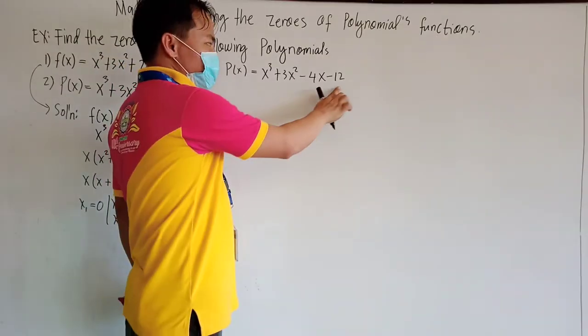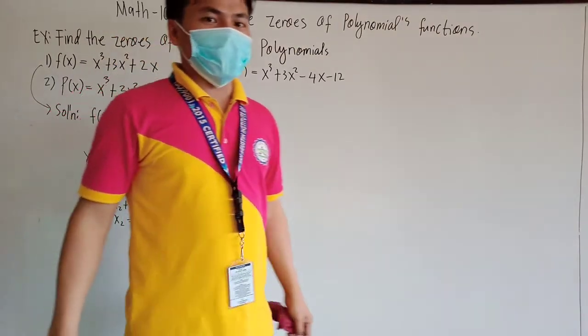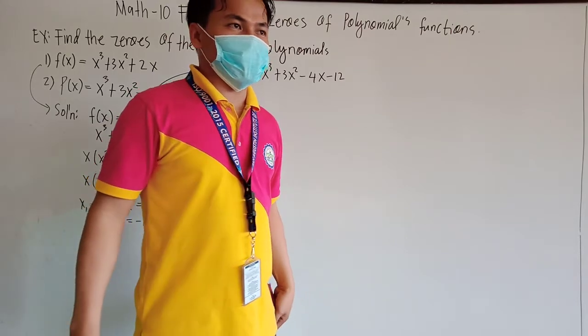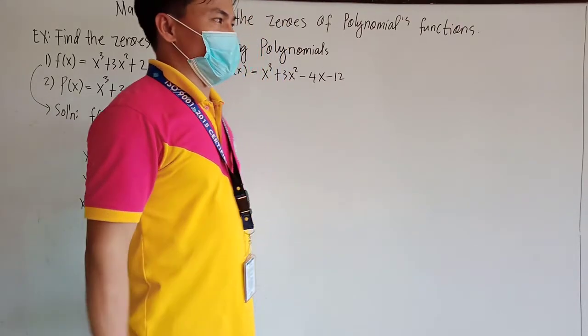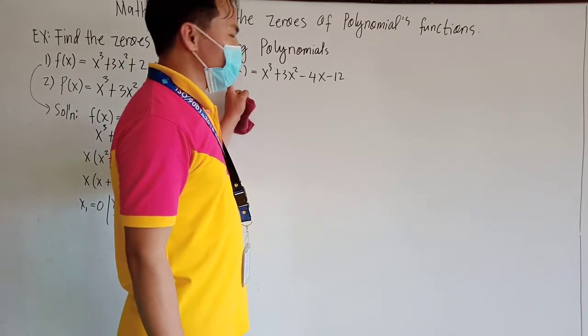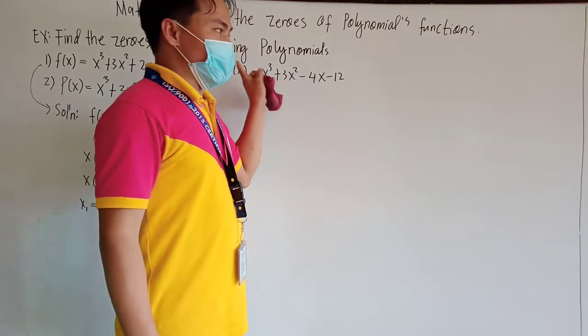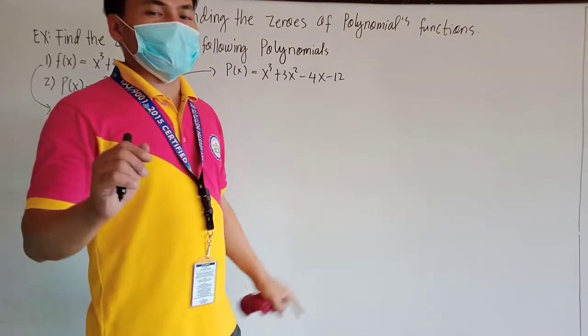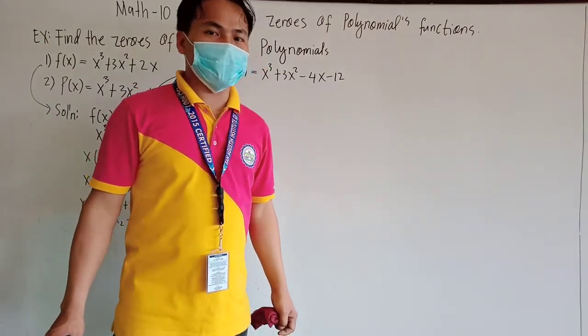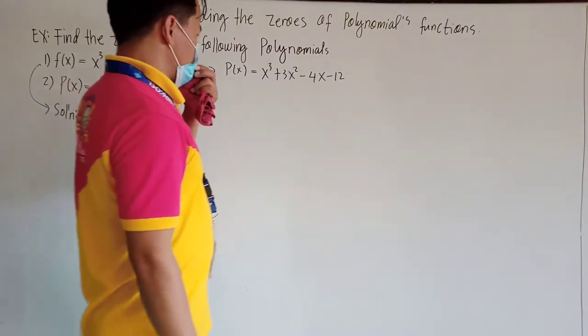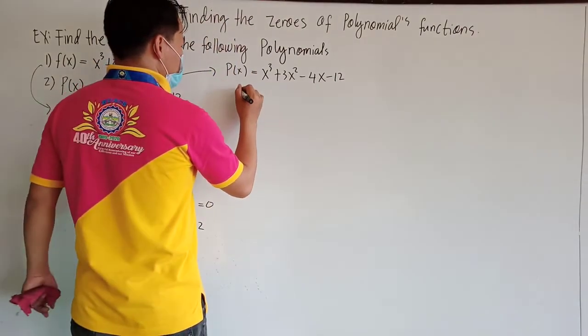What we are going to do is get the factors of negative 12 directly, so that from those factors we can use them as our value of x and plug them into the given polynomial. If the polynomial becomes zero, it means that value is one of the zeros of the given polynomial function. So we have here the solution for number 2.